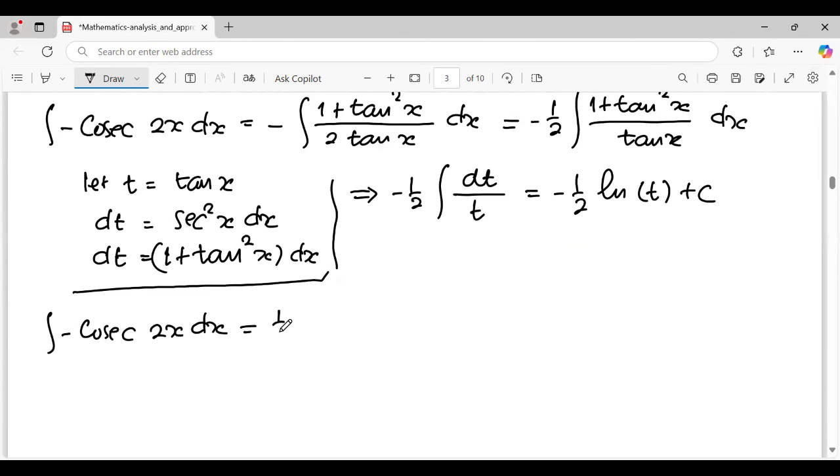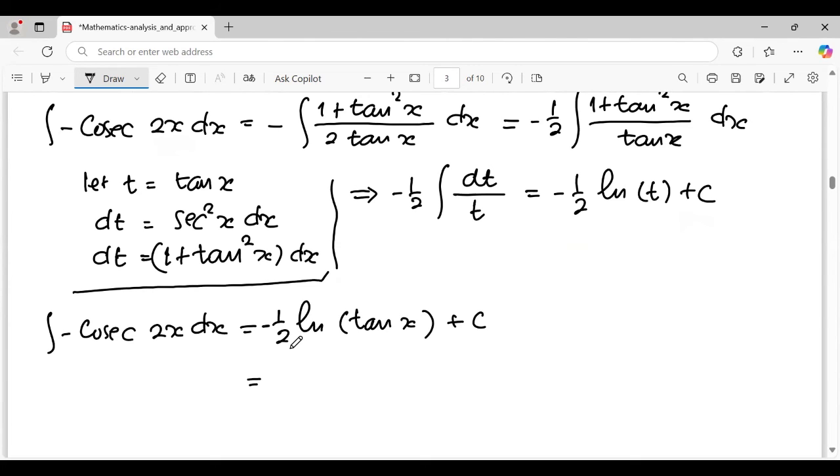It is minus half ln t, where t is tangent x, so minus half ln tangent x plus c.